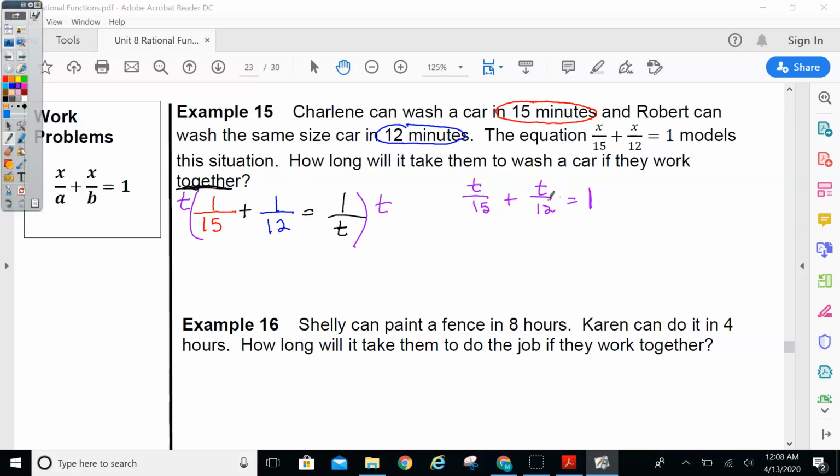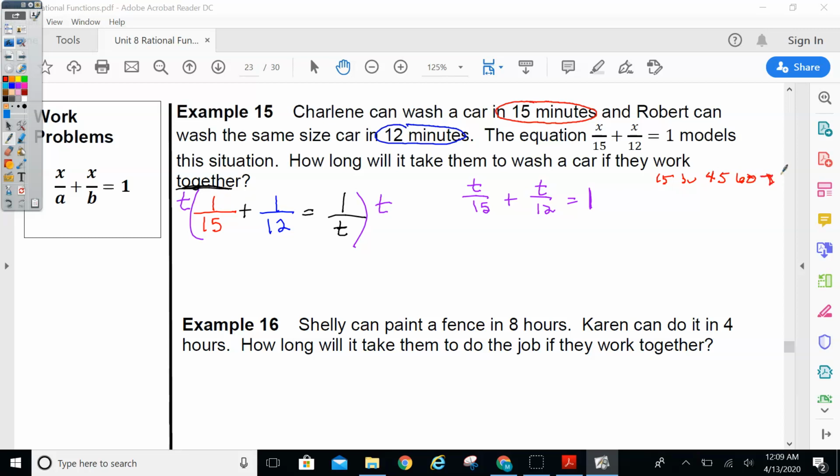So if we set this one up, we have to find a common denominator between the two, and then we multiply it through. So what's the least common denominator between 15 and 12? Well, 15 is 15, 30, 45, 60, 75, so on.